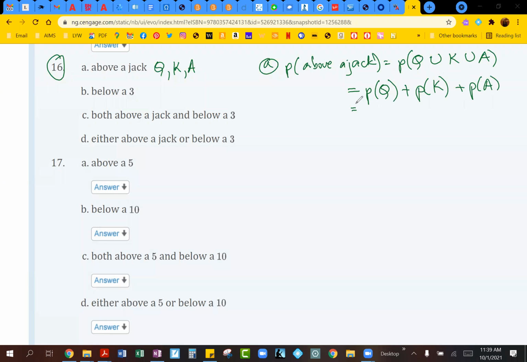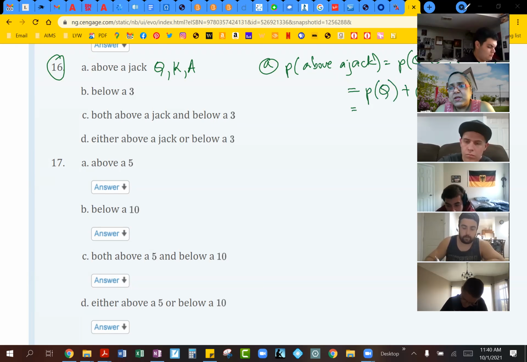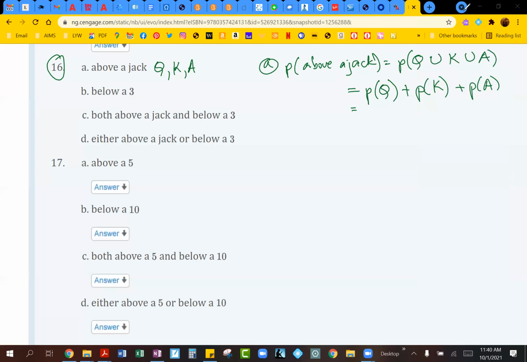So take a minute, calculate your answer and get it ready, and we'll share it in chat like we normally do. So think about how many cards in the deck of cards are queens, how many are kings, how many are aces, and then based on that, you can come up with your probability.